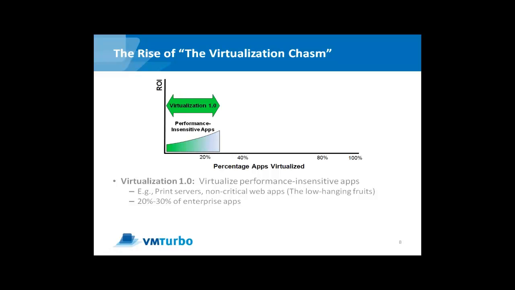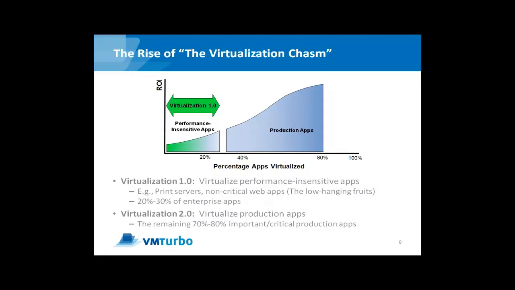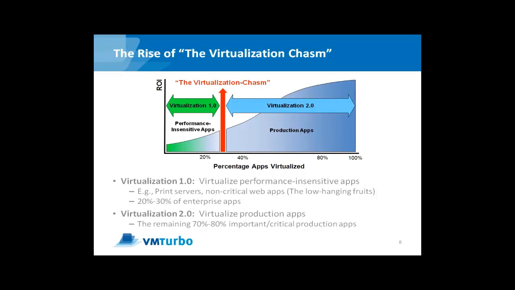So if you consider that virtualization 1.0 is the virtualization of performance-insensitive apps, the low-hanging fruit, the easy ones that gave us the immediate ROI on virtualization, virtualization 2.0 is about virtualizing production or mission-critical applications. On the one hand, the ROI of virtualizing them is much higher than the ROI on virtualizing the 1.0 applications. On the other hand, it's much harder to do this.